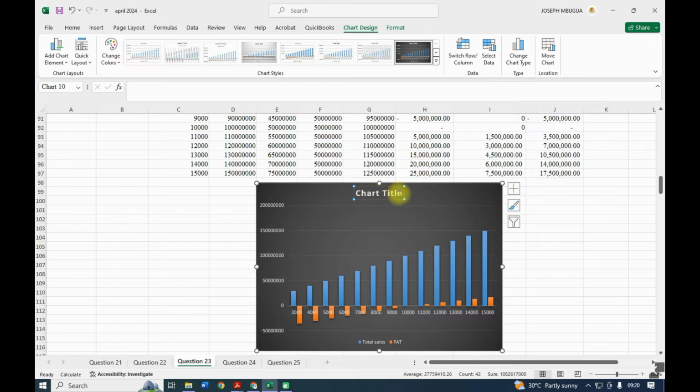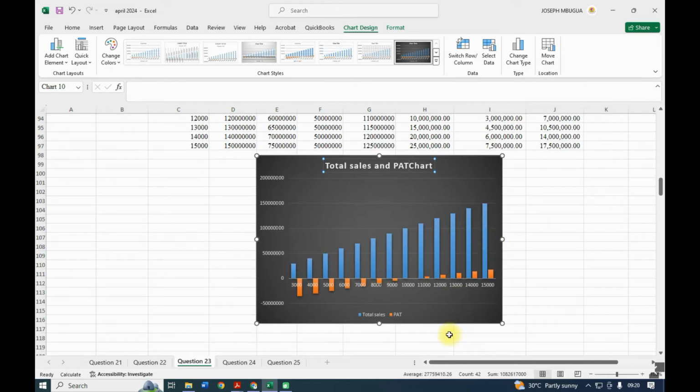So still my chart title will be the total sales and profit after tax chart. It will show you the total sales, the one in blue, and the profit after tax or loss after tax.